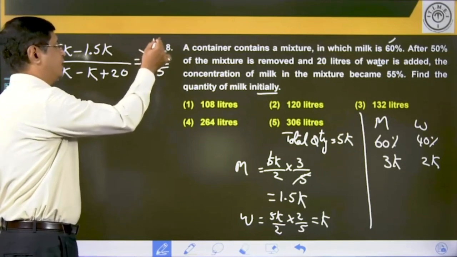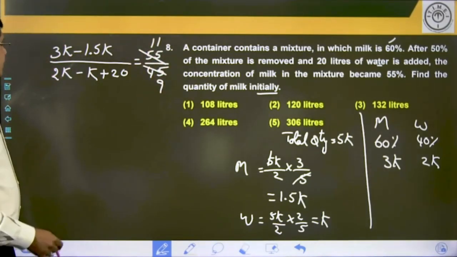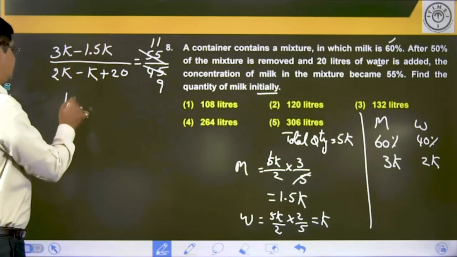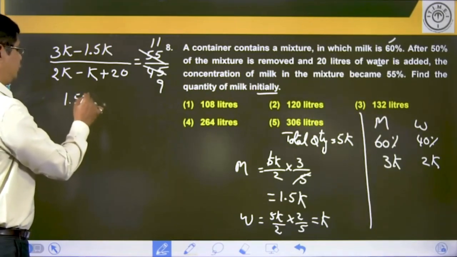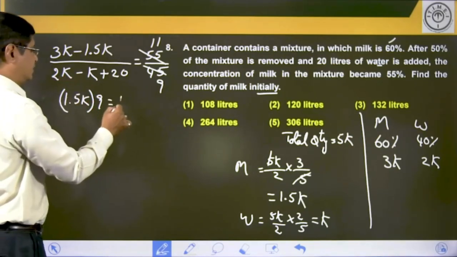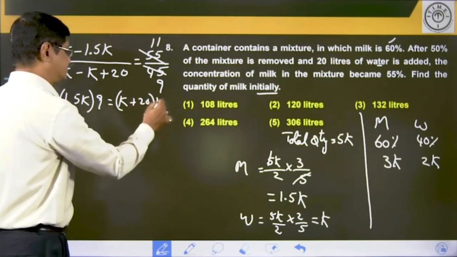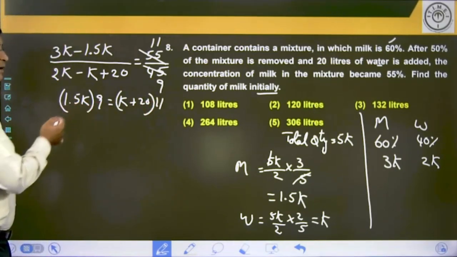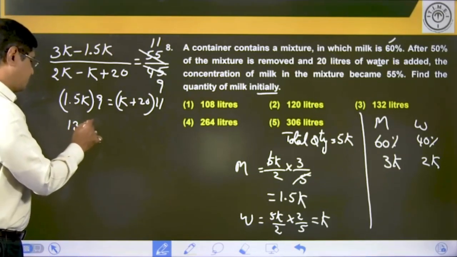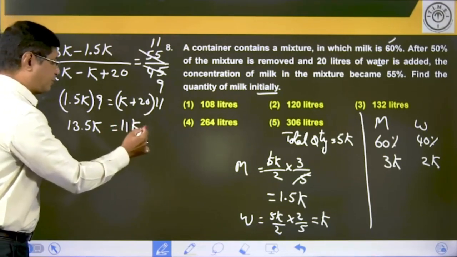Simplify by 11 times and 9 times by doing cross multiplication. By cross multiplication here, 3K minus 1.5K, that is 1.5K into 9 is equal to 2K minus K, that is K plus 20 into 11. Solving this, 9 times of 15, that is 135, means 13.5K is equal to 11K plus 220.